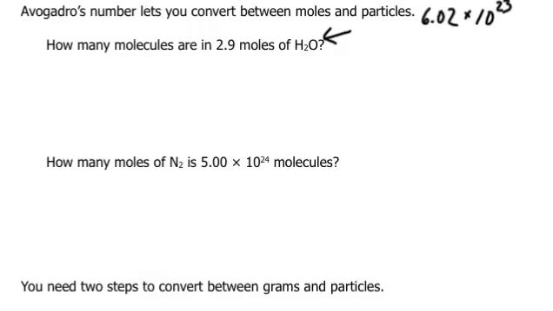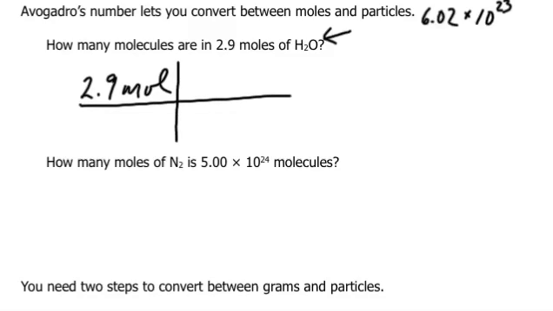The actual identity doesn't matter, because all we're doing now is counting the number of things. So let's start this off. We have 2.9 moles, and we want to convert that over to molecules.